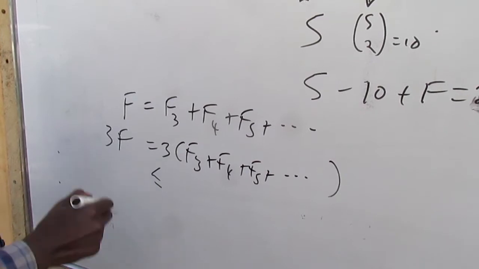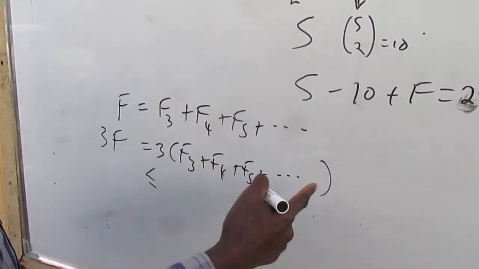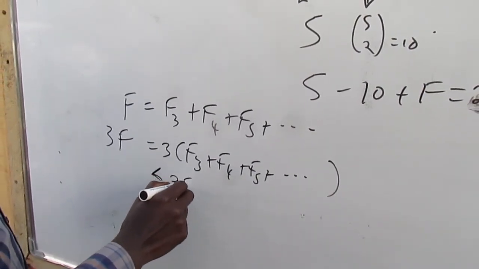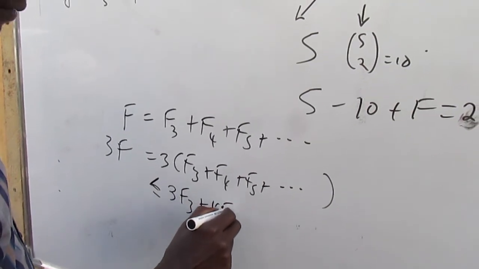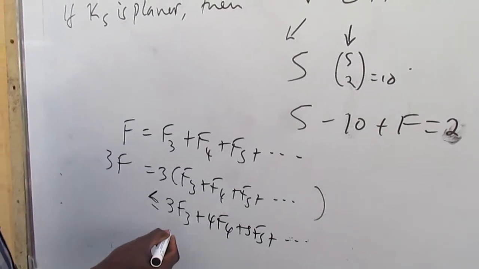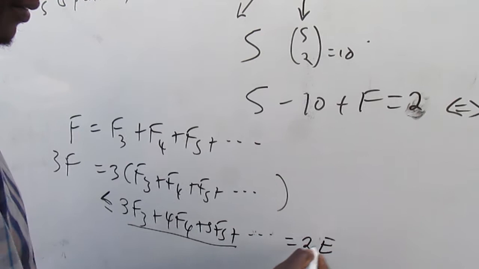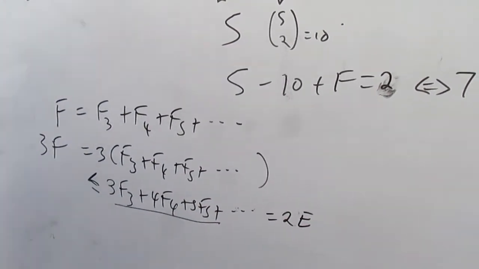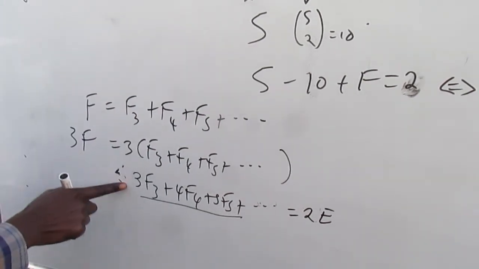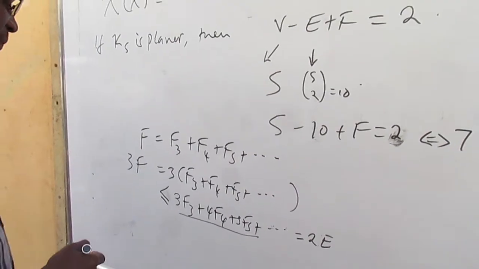But now, in order for this to make sense for us to compare this with twice the number of edges, we'll say that this is less than or equal to 3f3 plus 4f4 plus 5f5 and so on. And so this expression can be compared to twice the number of edges for the case when you talk about complexes. And the restriction we put on our graphs naturally makes our graphs to be complexes.